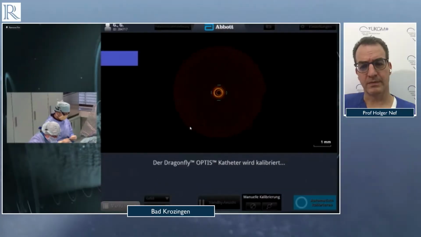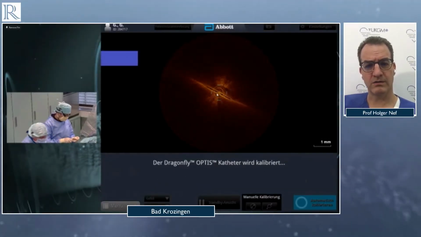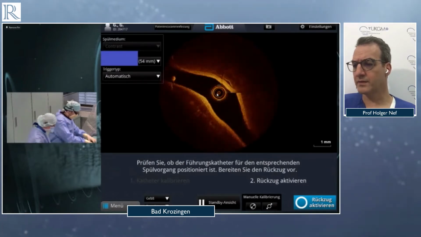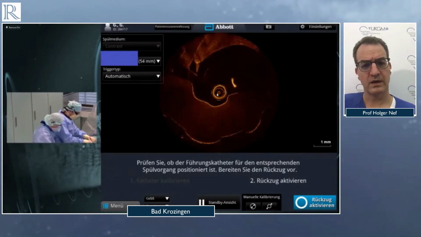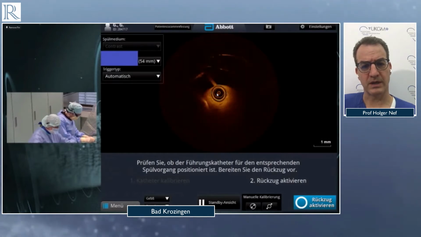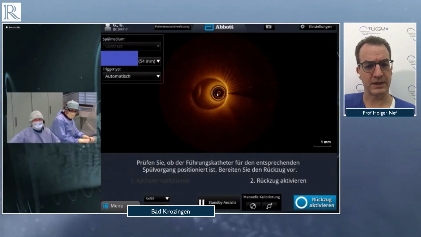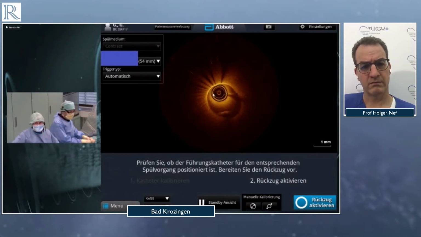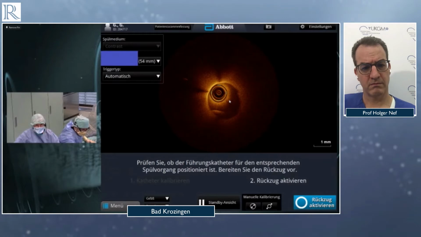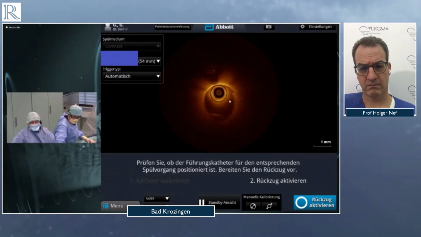Perfect. During the acquisition of the OCT, maybe a question also asked by our audience: in which sizes does the balloon come from Shockwave Medical? We now have 2.5, 3.0, 3.5, and 4.0 balloons.